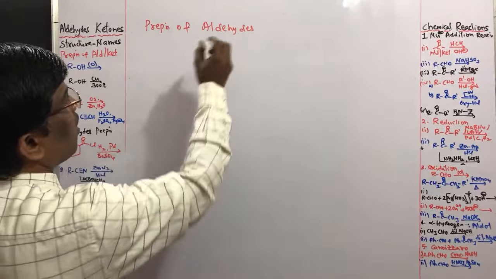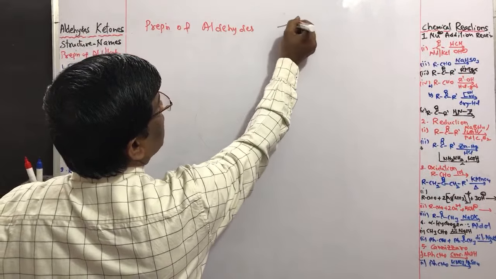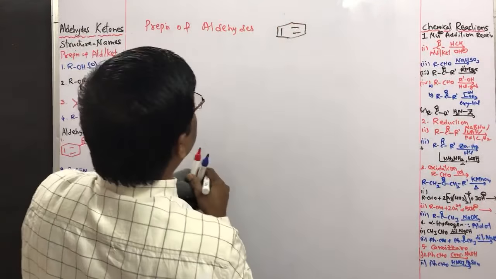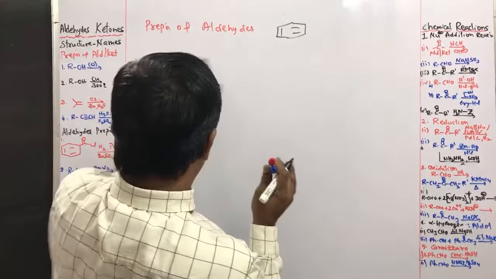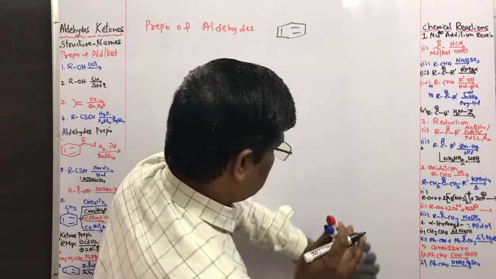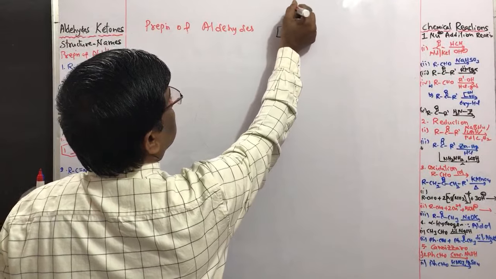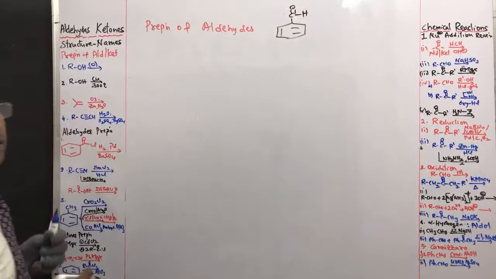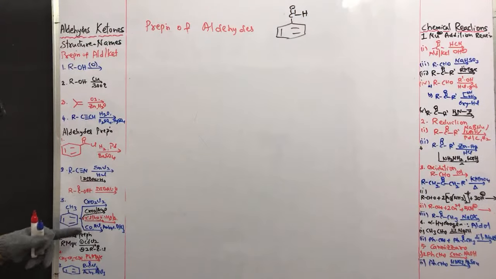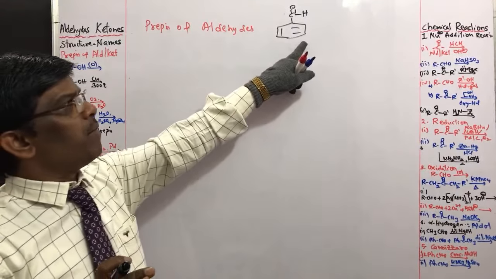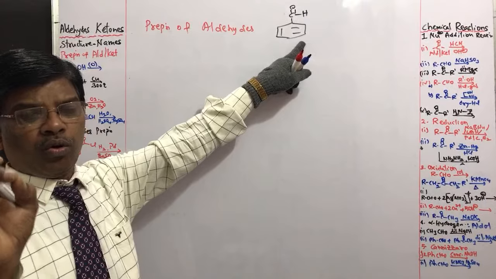So preparation of aldehydes, let me take a specific example, benzaldehyde. There are 4 types of reactions available for the preparation of benzaldehyde from toluene.